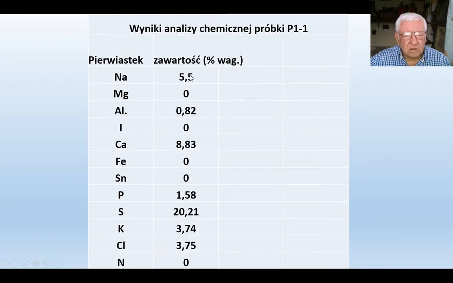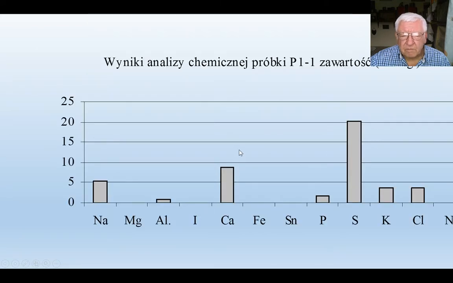You see, I will not read it because everybody is able to read it himself. What is interesting is that even in the same tumor, at various parts we have various concentrations of elements. At one place we have phosphorus, sulfur, calcium and chlorine, and at another place there is practically nothing, or other elements are present.